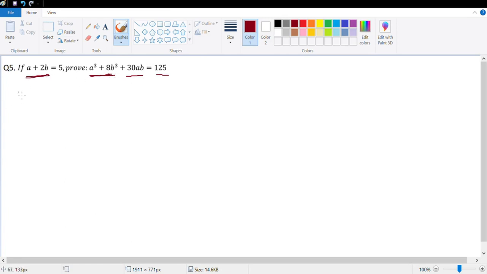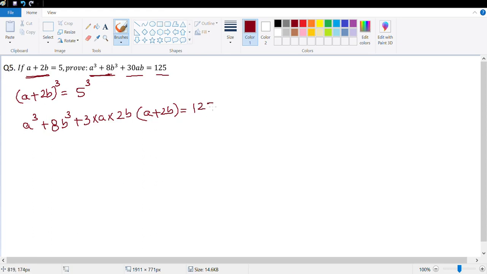So let's take the cube of both sides, which means (a plus 2b) whole cube would be equal to 5 cube, which means a cube plus 8b cube, first term cube plus second term cube plus 3 times first term into second term times first term plus second term is equal to 125. 5 cube is 125. This is first term cube, this is second term cube, this is 3 times first term into second term multiplied with first term plus second term. Perfect. x cube plus y cube plus 3xy(x plus y).